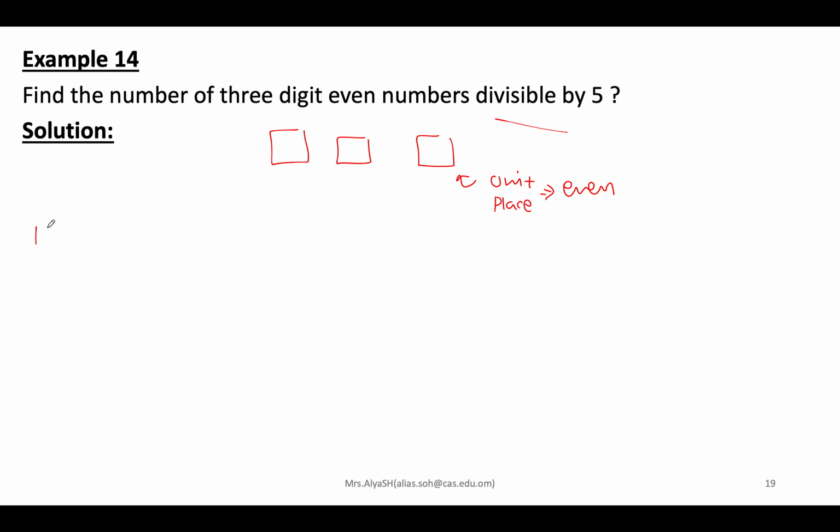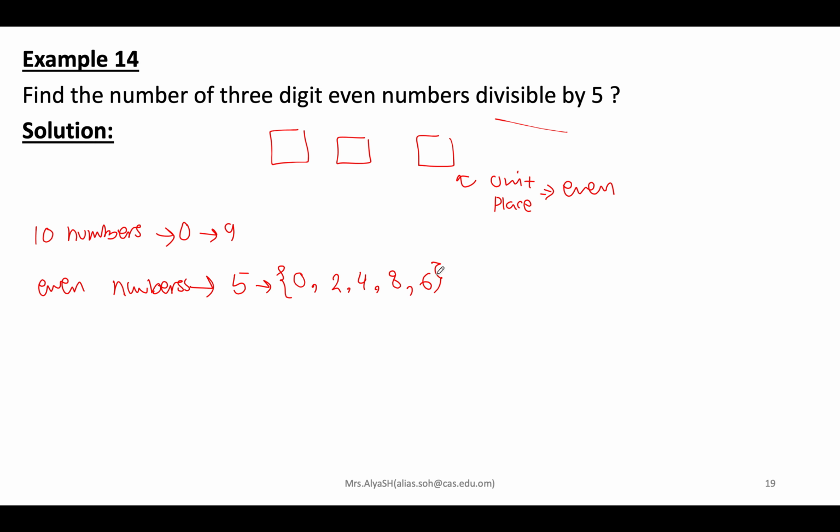So I have 10 numbers from 0 until 9. The even numbers are 5 numbers, which are 0, 2, 4, 6, 8.